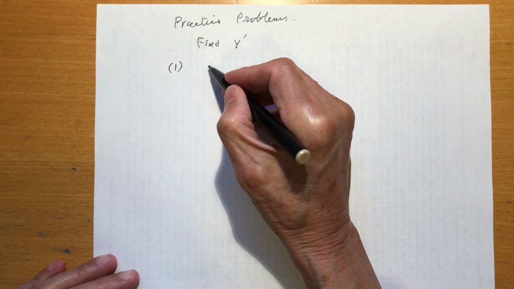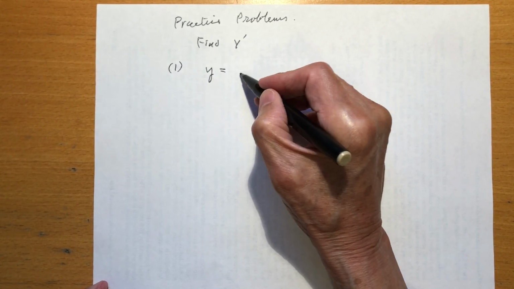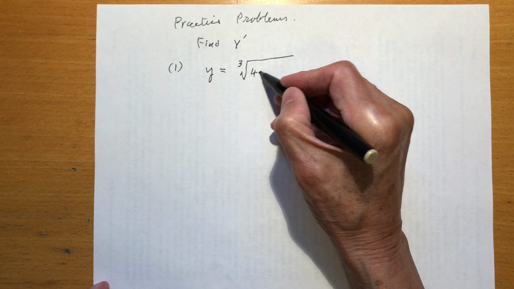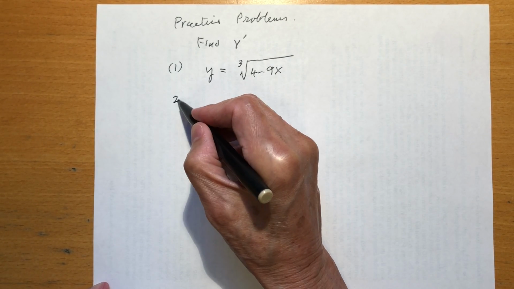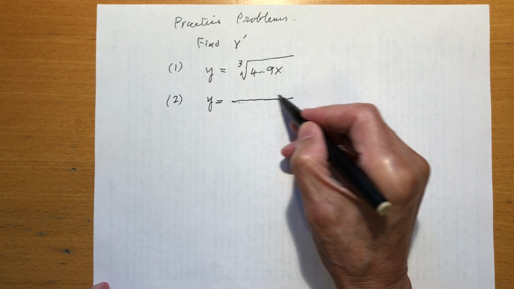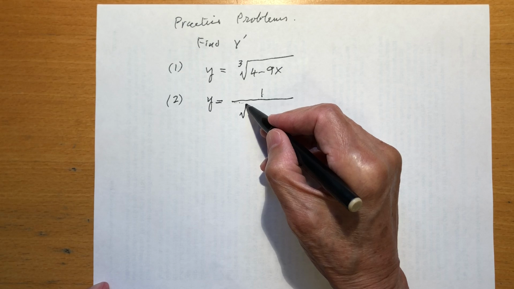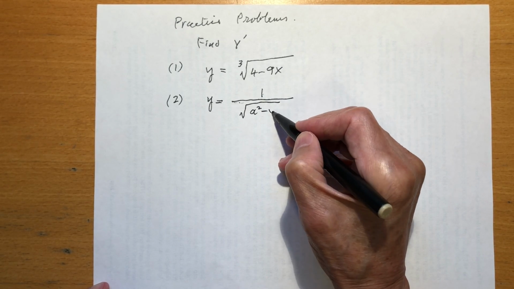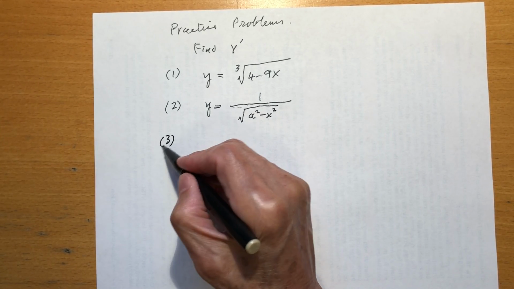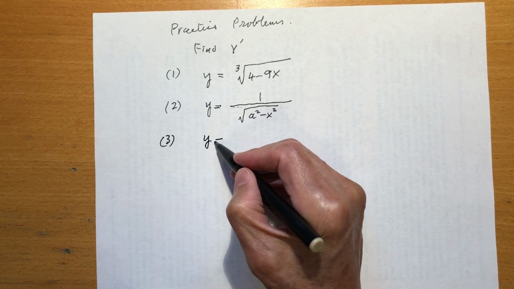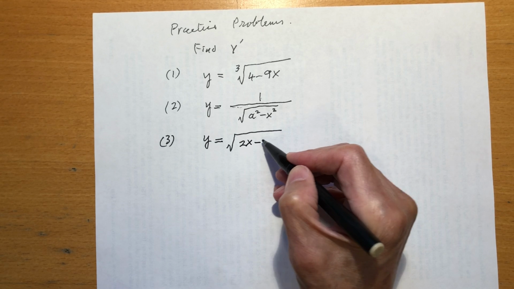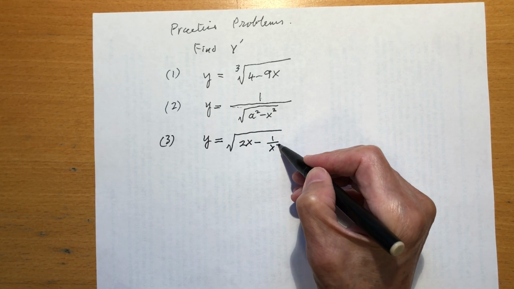So the first one is y equals cube root of 4 minus 9x. The second one is y equals 1 over the square root of a squared minus x squared. So the next question is y equals square root of 2x minus 1 over x squared.